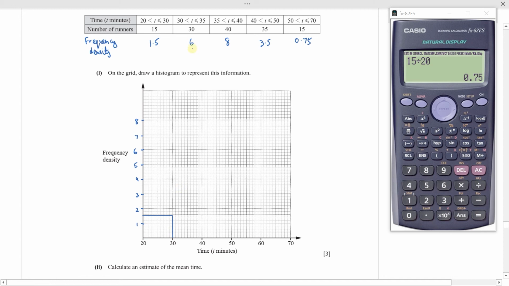The next value is 6 between 30 and 35. So 6 between 30 and 35 will be this value here. Then you have 35 to 40, the value is 8. 35 to 40, the value is 8 here.